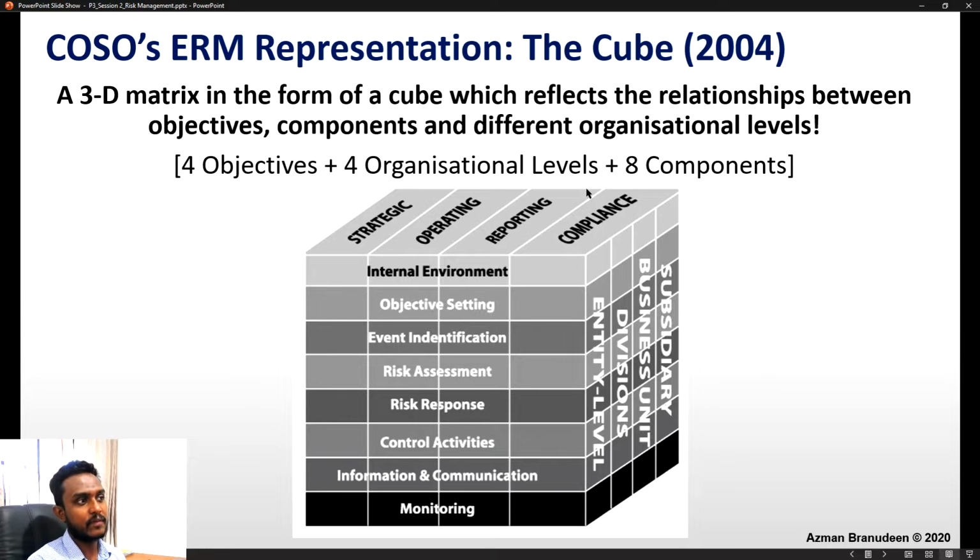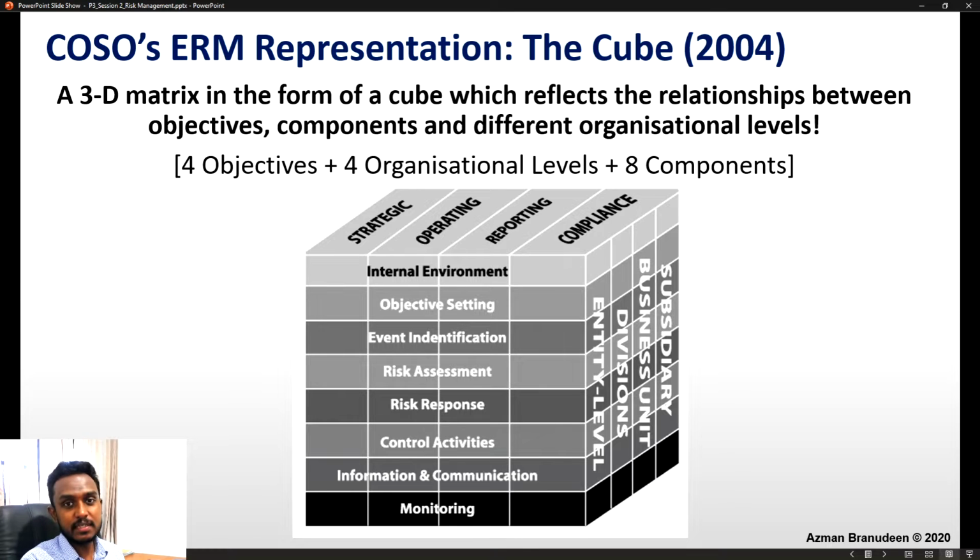And then you have the 8 components: internal environment, objective setting, event identification, risk assessment, risk response, control activities, information and communication, and monitoring. These are the 8 components embedded across the 4 objectives within the 4 levels. So basically, ERM means that you are supposed to engage in all the 8 components across the board.